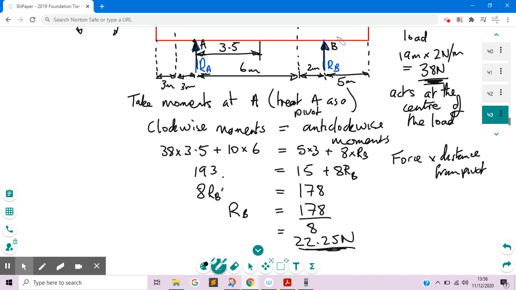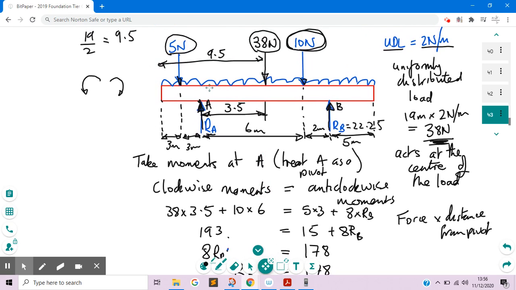So that's RB worked out, 22.25. But we just need to work out what RA is. And to work out what RA is, we could take moments about RB and just do the reverse process, and then that would give us what RA is. But there's an easier way.